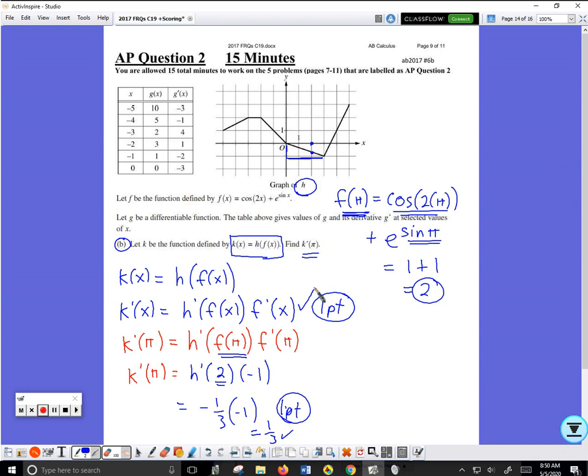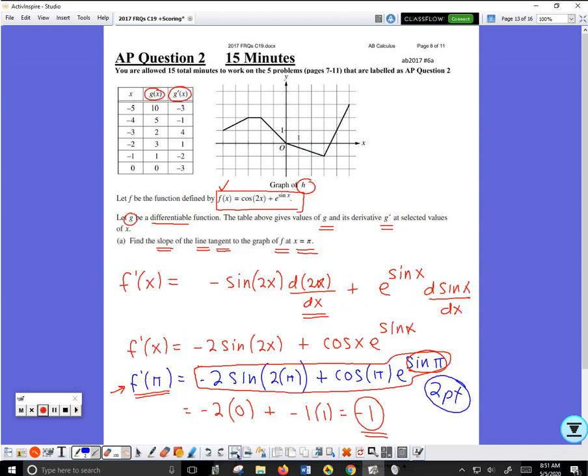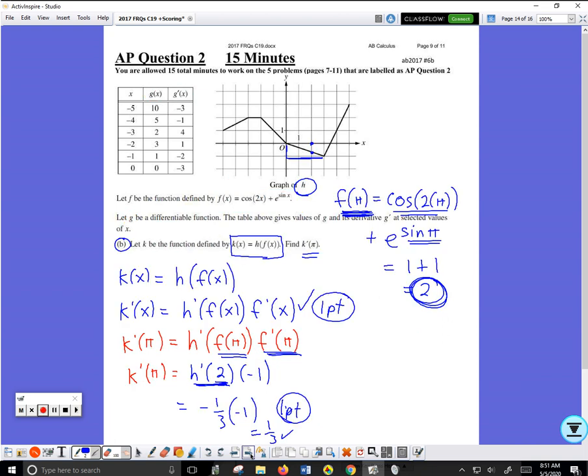When you start plugging things in, you are going to have to find this value, and then that value gets plugged into h prime, so I did have to go farther. I had to find that that was exactly 2, so I could go evaluate the h prime of 2. The f prime of pi could technically be left as this big mess, and they'd still give you the points because you didn't end up having to use that for anything. I simplified it, but you didn't have to. So 2 points total for 2 points for this problem.